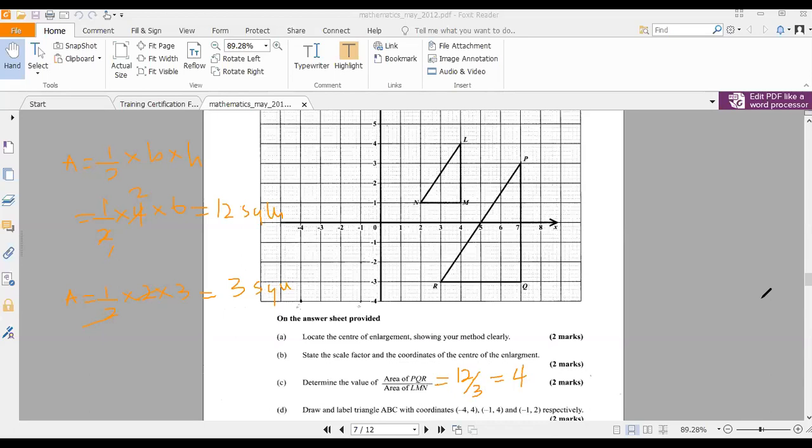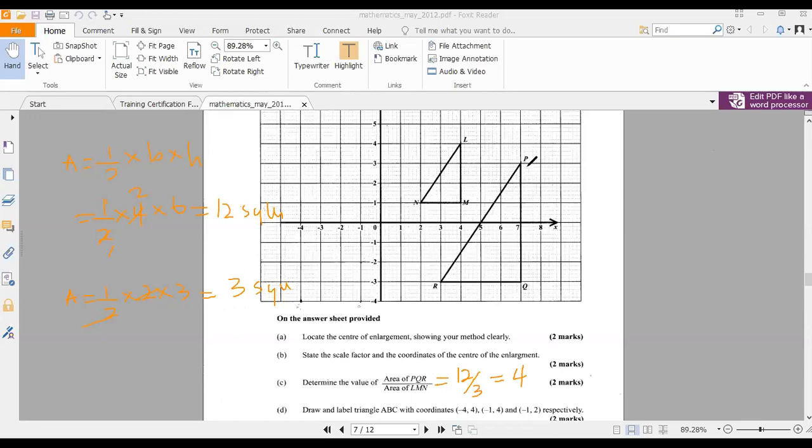Sir, can you go back over that part for me, please? Which part? The whole half times base times height. All right. So this is the right angle triangle.